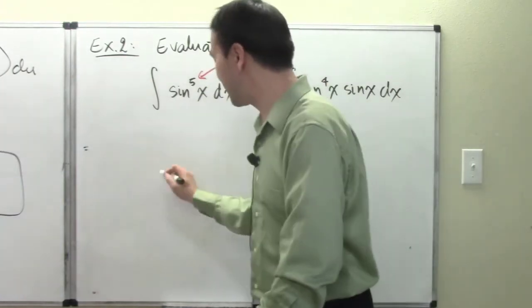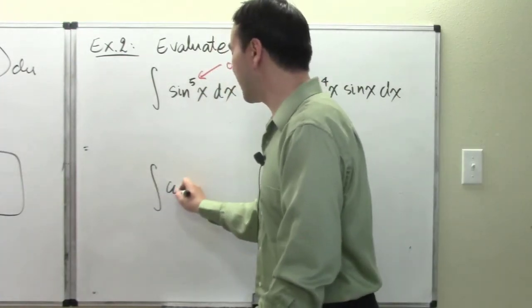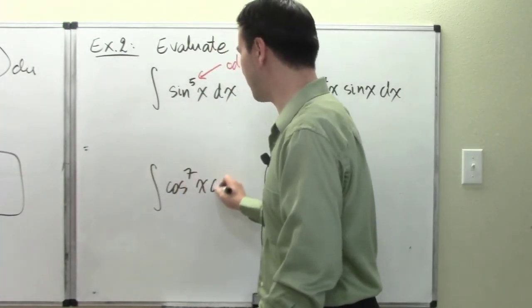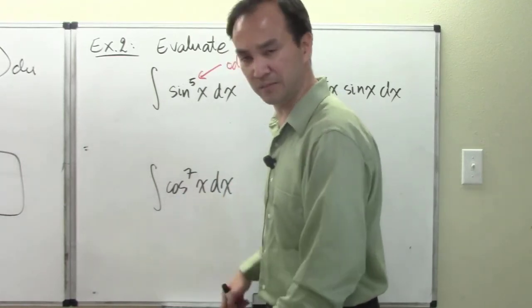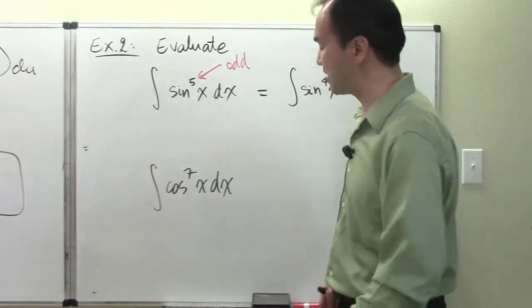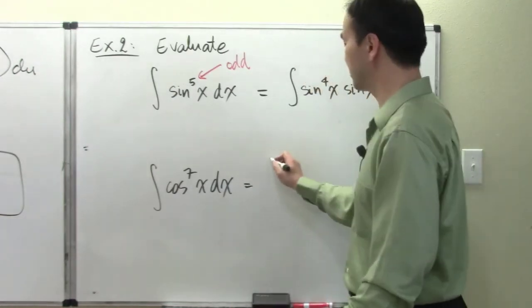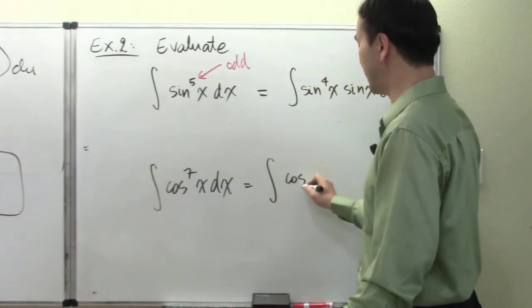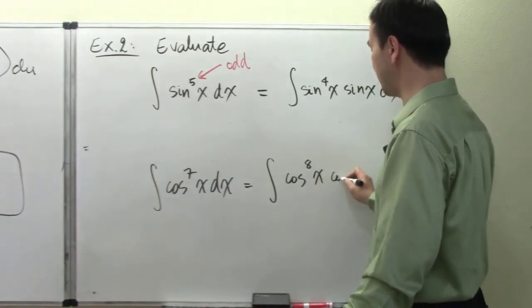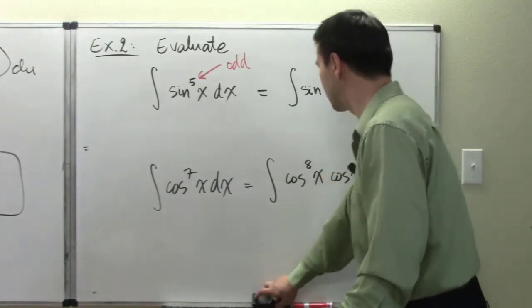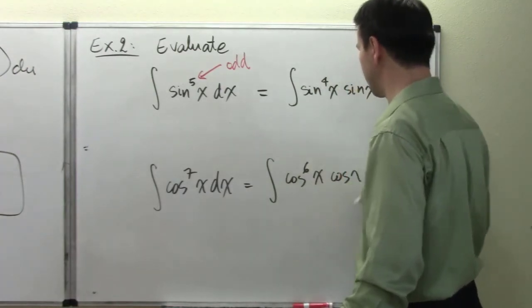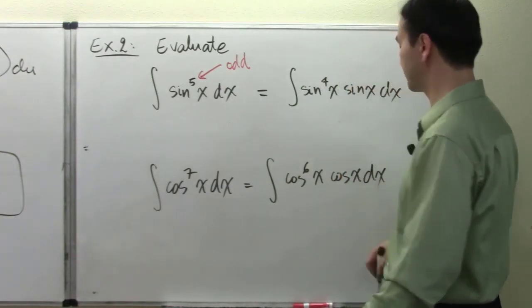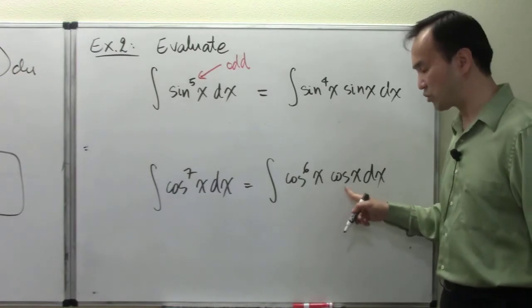So just like that, as a quick example, if you're looking at cosine to the 7th power of x, yes, the reduction formula will work just fine with this. But in case you don't like the reduction formula, then you can rewrite this as cosine to the 6th of x, and then separate out that extra cosine here.